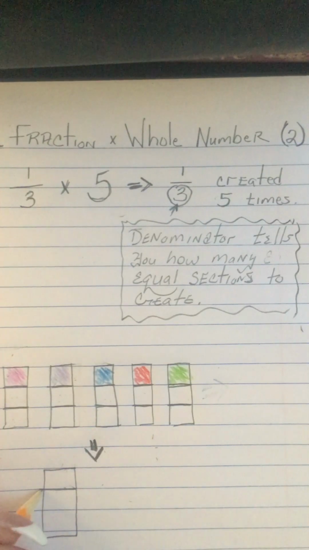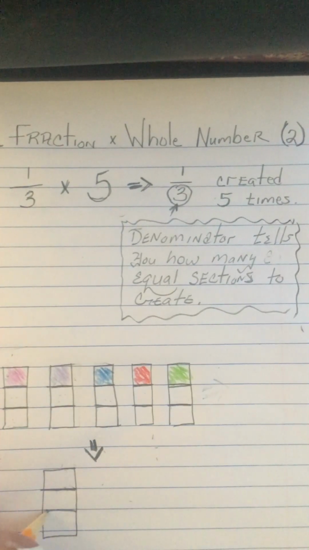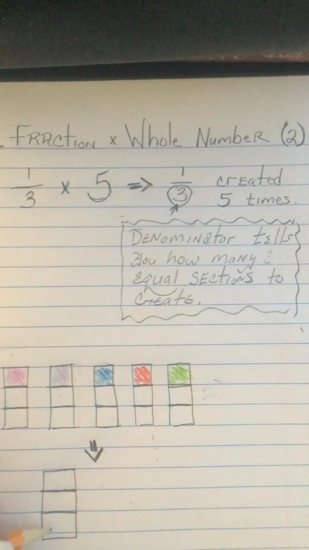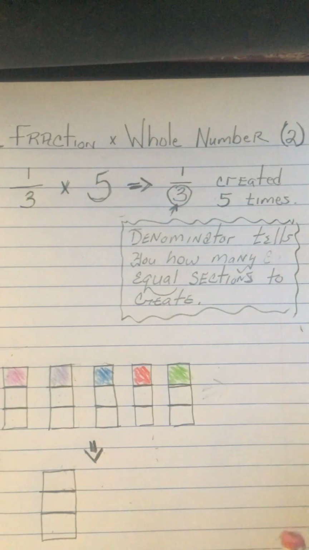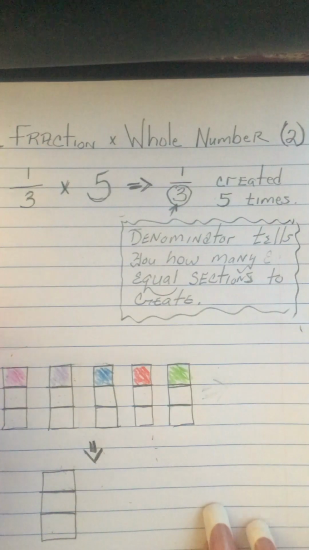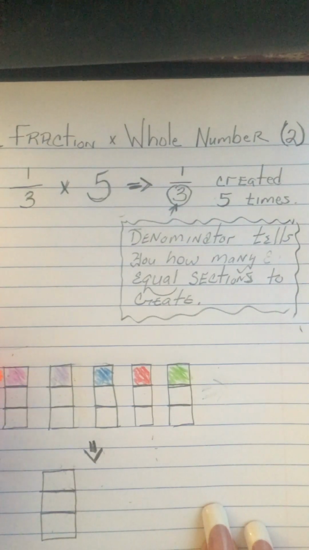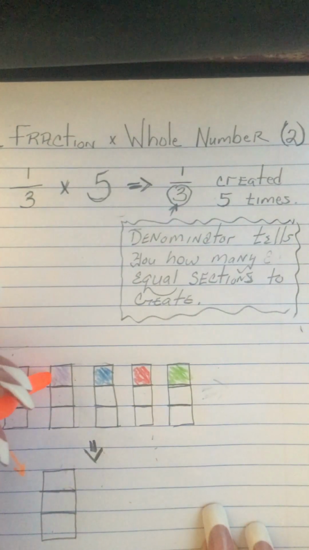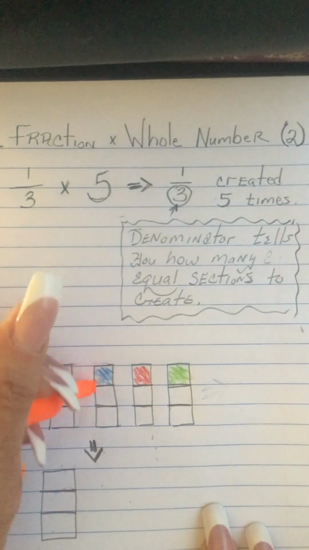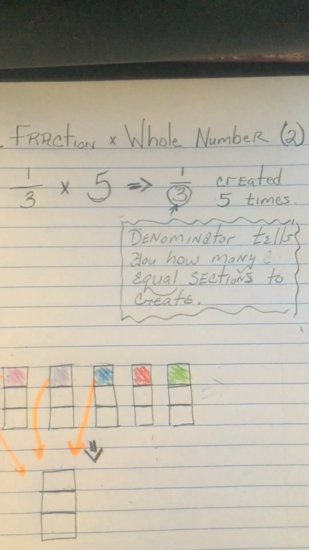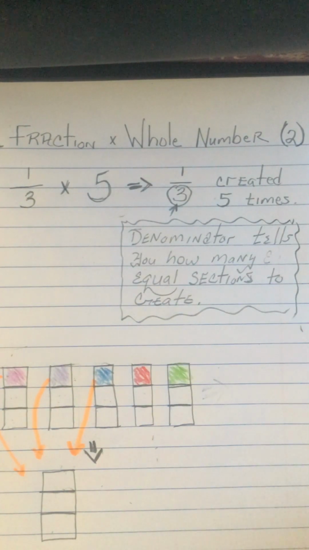and because I have 1/3, 3 is my denominator, it will have 1, 2, 3 sections. So I'm going to move each colored section down to my final item.